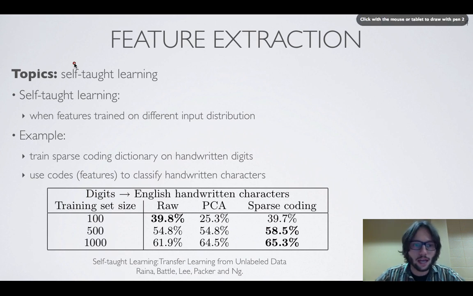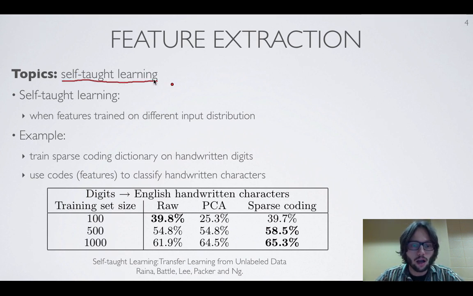So this is actually known as self-taught learning. It's a combination of unsupervised learning and transfer learning, for those that know more about machine learning. Unsupervised learning and transfer learning are two well-known types of learning, and self-taught learning can be seen as a combination of both.